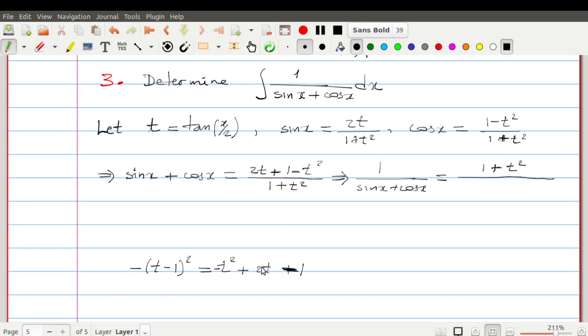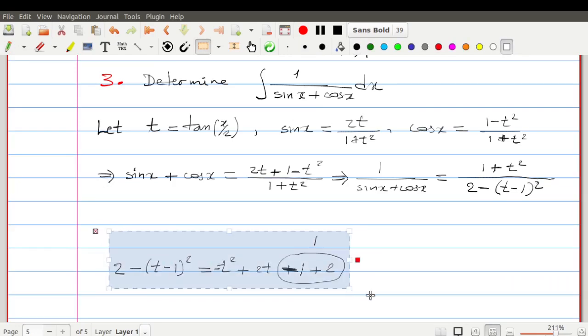But we have the 2t which is there, and we have the negative t squared. But we need plus 1. So if I add 2 here, plus 2, then this becomes 1. And finally, we have this expression. So if you take the reciprocal, it will be this by the numerator here, which we can rewrite as 2 minus t minus 1 squared.